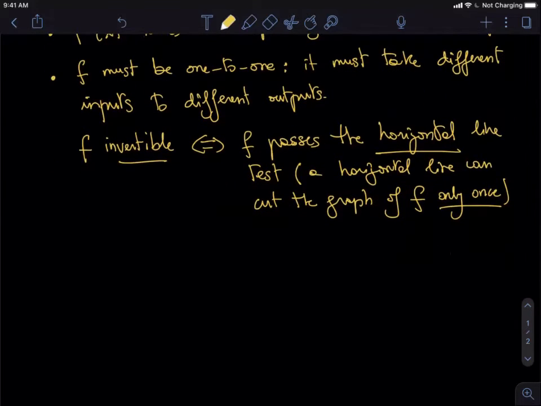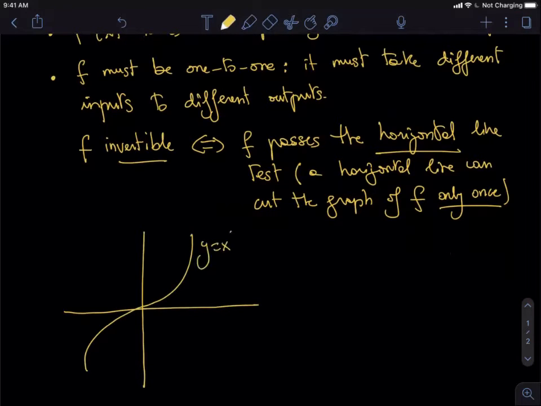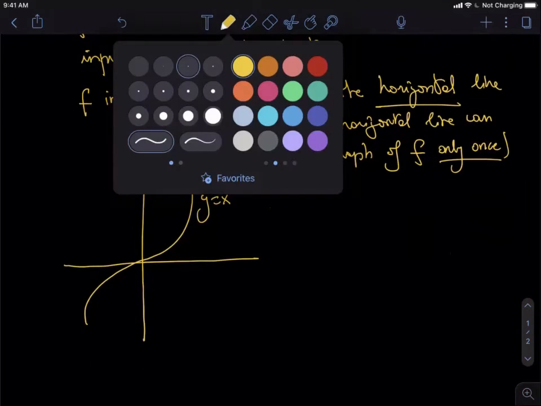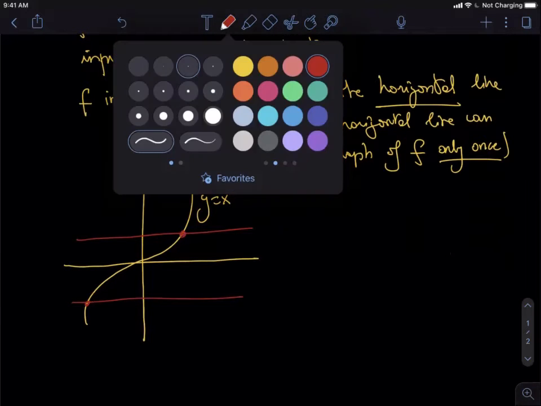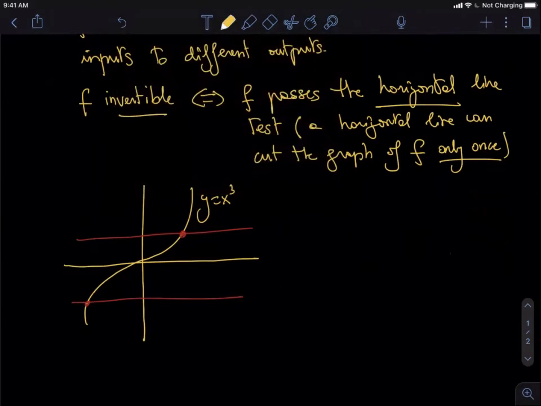Let's see some examples. For example, we can have y equals x to the power 3, and this one definitely passes the test. No matter where we place a horizontal line, it cuts at most at one point, only once.